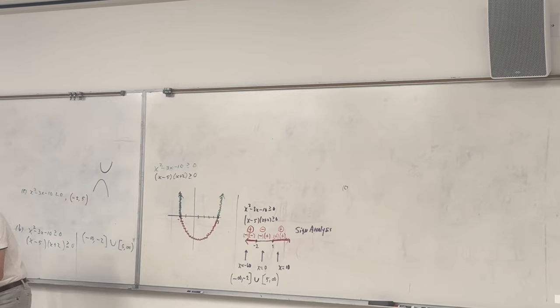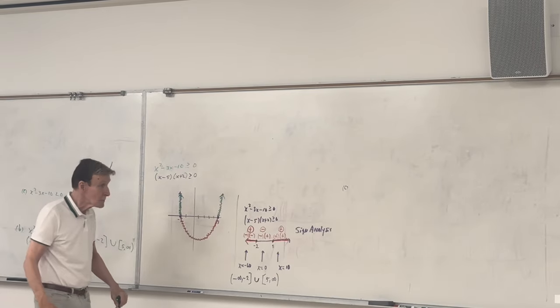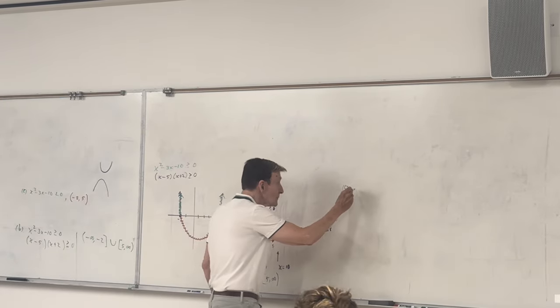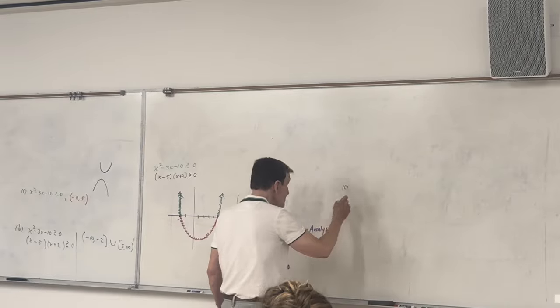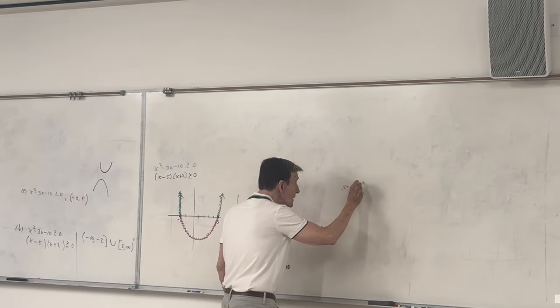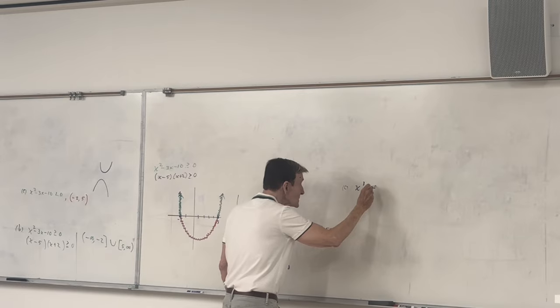Let's see if we're ready for it. Yeah, we're ready. x cubed is greater than 4x. You know what I used greater than last time? Let's put less than. x cubed is less than 4x.